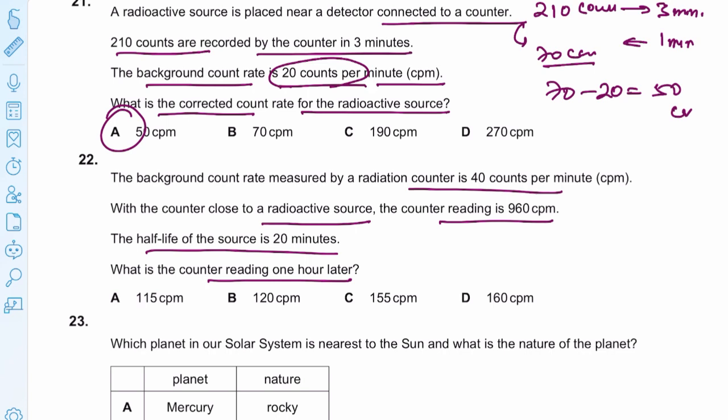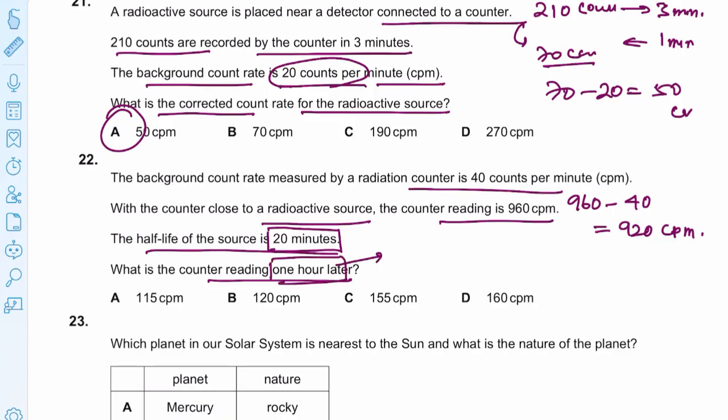Step 1 is always to remove the background radiation counts from that. So 960 minus 40 becomes your 920 cpm. Easy, right? The half-life is given as 20 minutes, and I need to find the counter reading after 1 hour.